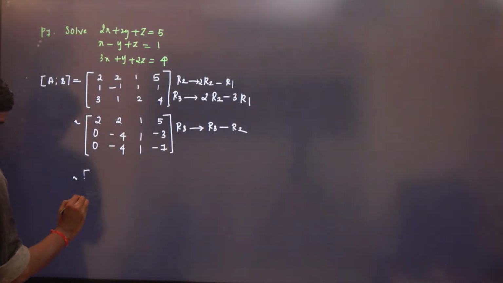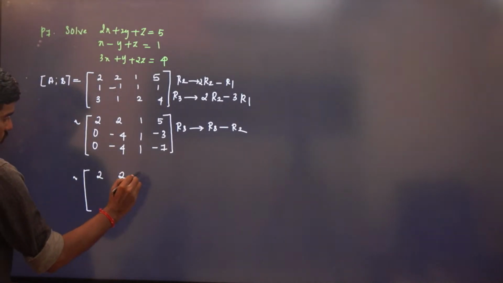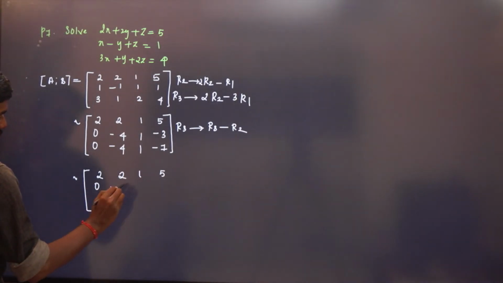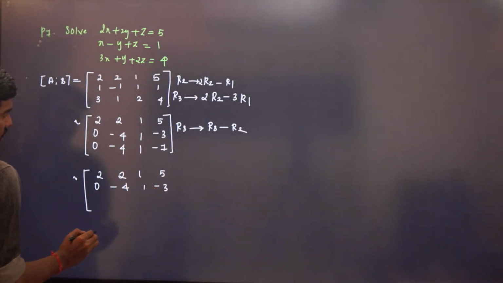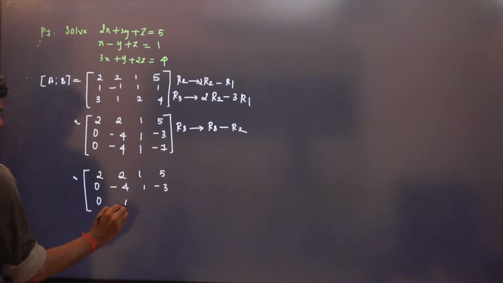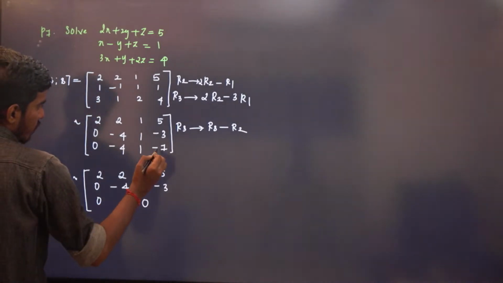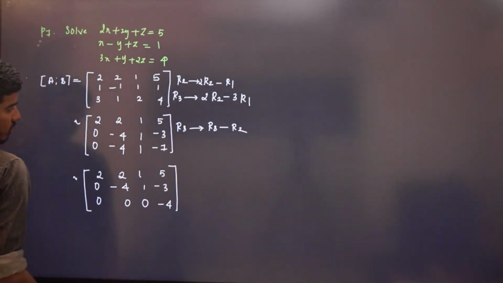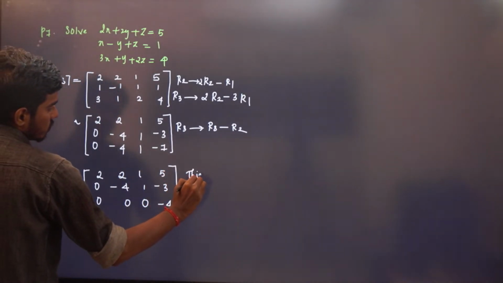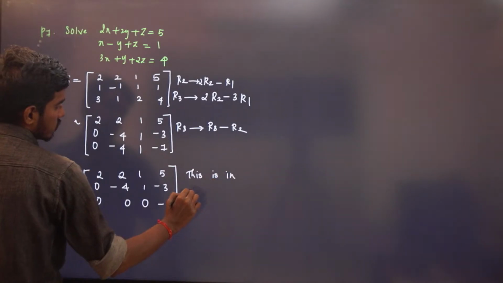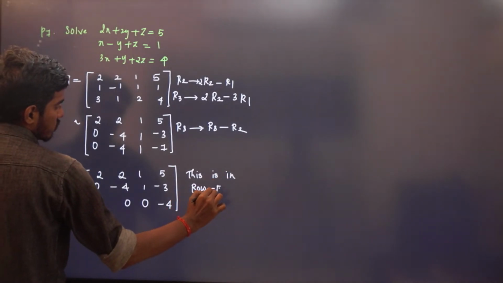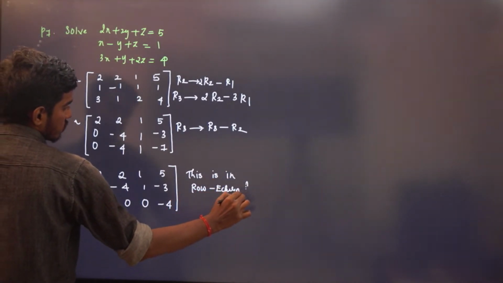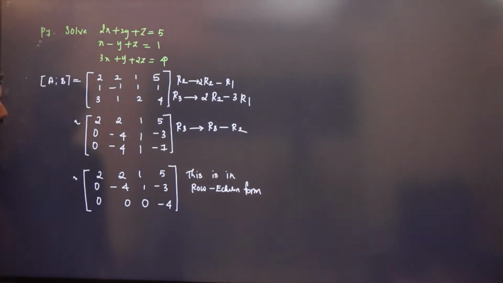So when you make use of this operation, 2 2 1 5, 0 minus 4 1 minus 3, this will be 0 0 0 minus 7 plus 3 is minus 4. This is in row echelon form, right?